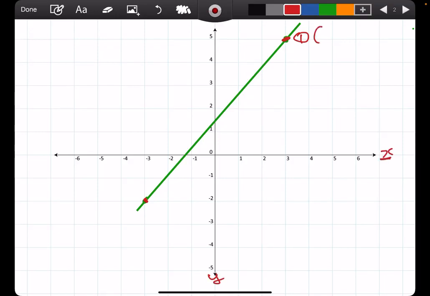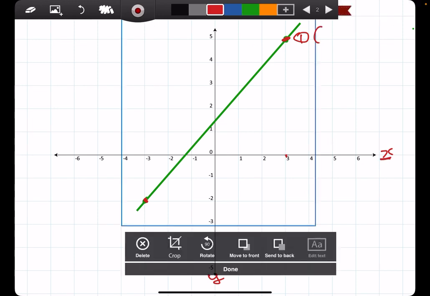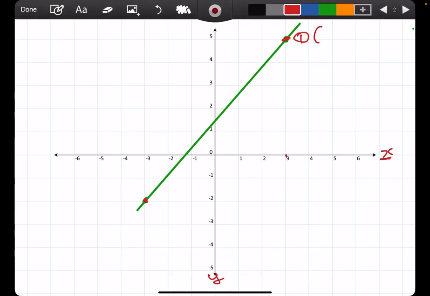So this point, if we move over 3 spaces to here and then up 5, this is 3 on the x-axis and 5 on the y-axis. And our second point, which is point number 2, that is going to be -3 and -2. So far, so good, right?